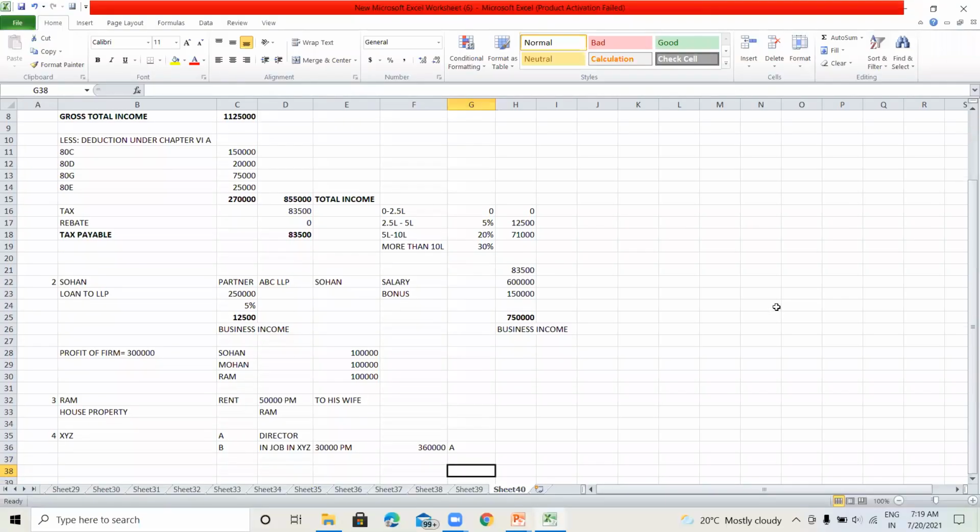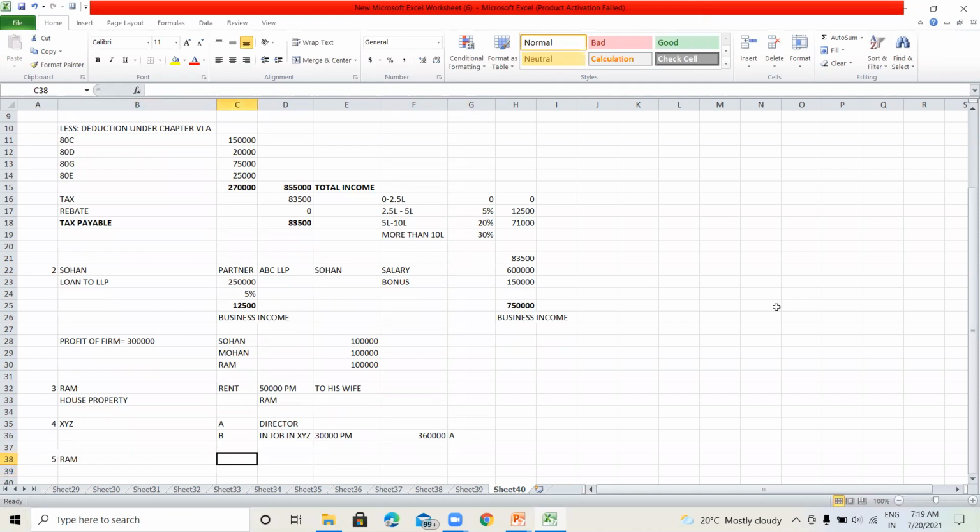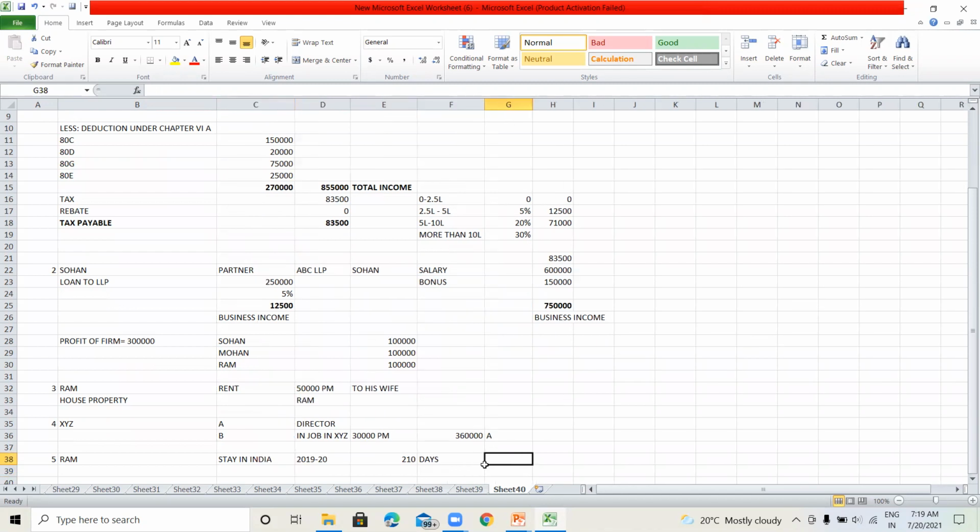For example, Mr. Ram stayed in India in financial year 2019-20 for a period of 210 days, and after these days he went to the USA. He will still be considered a resident of India.